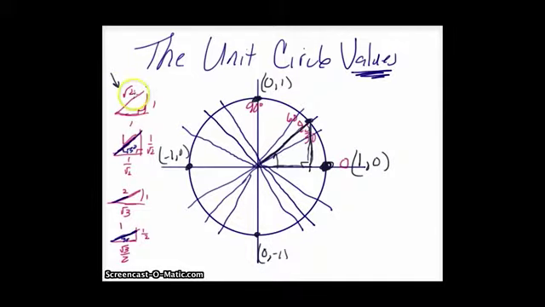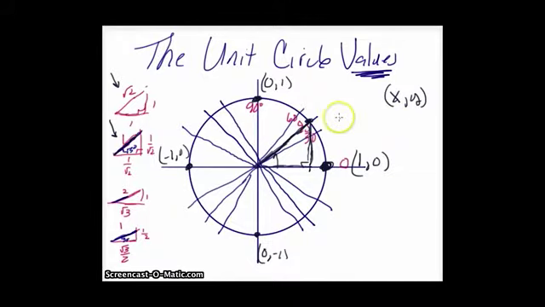Remember, I could shrink it and it's still proportional. So I shrunk it down to this side, and notice that this radius of 1 is really this hypotenuse.